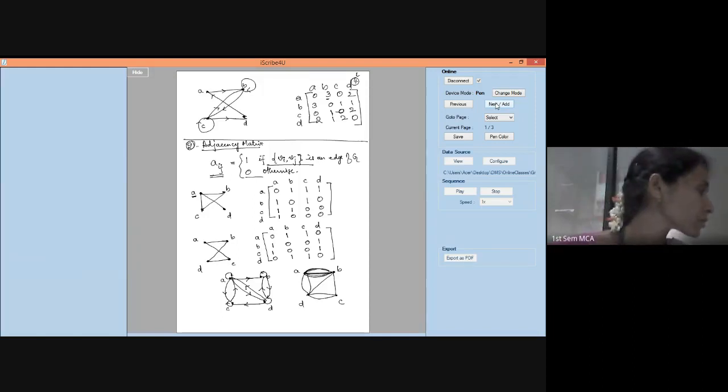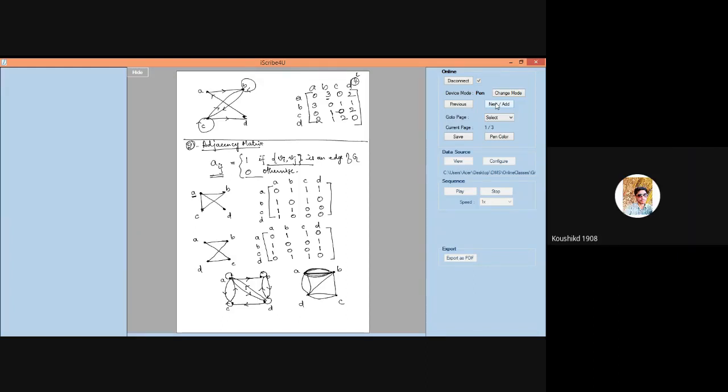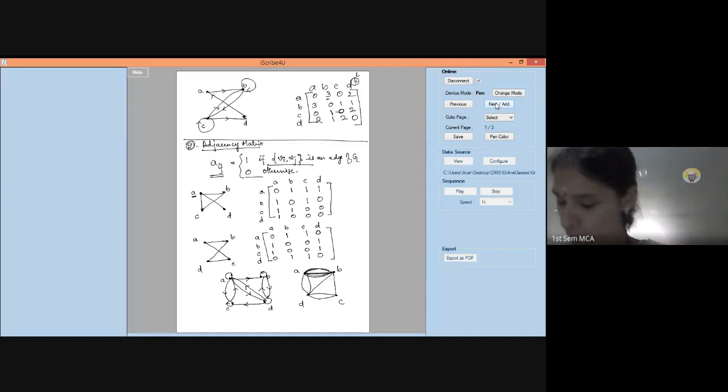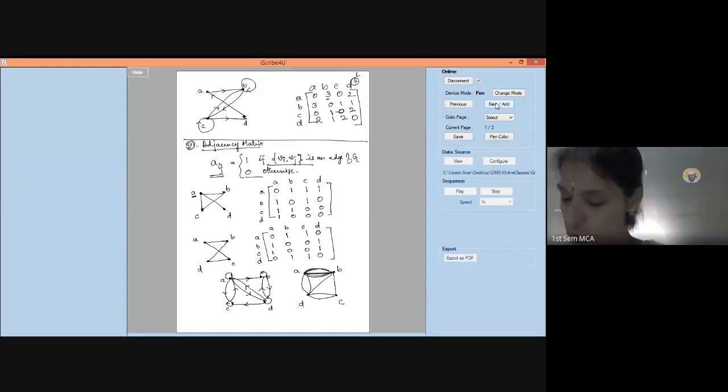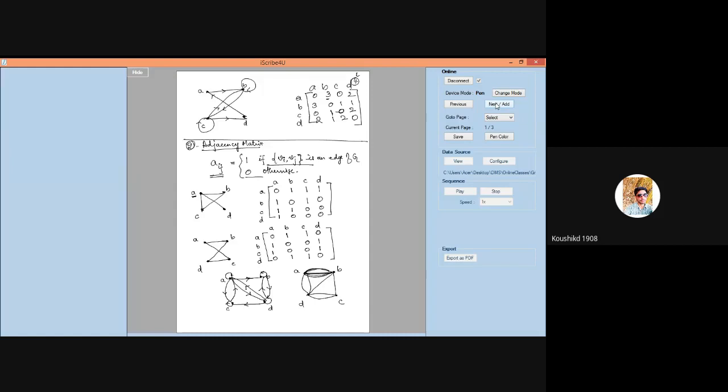I haven't worked it out, but let's discuss it anyway. 4 ones, 0101? Anyone can tell? First row? 4 ones. Second row? 0101. Third row? 1010.